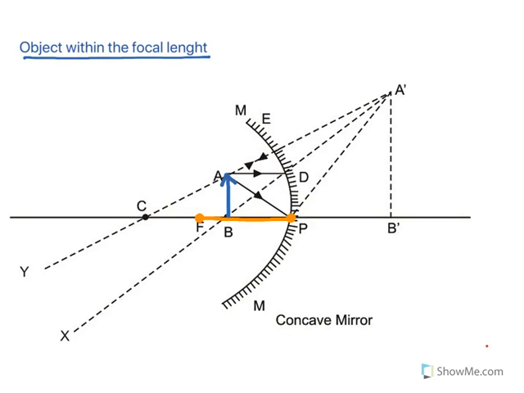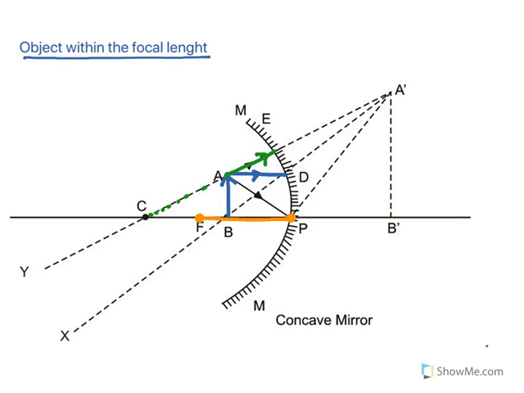Again from here we take two rays. We take one that is parallel to the principal axis, and we'll take another that is coming from the center of curvature. So here it goes straight down here.